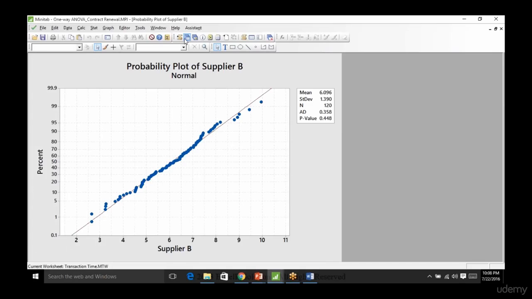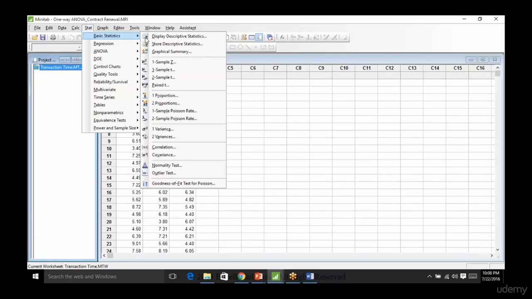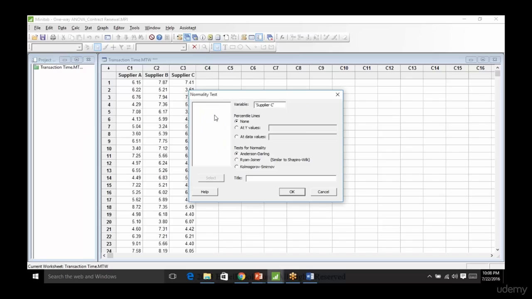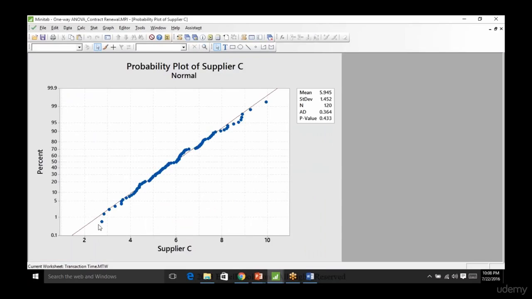So I'll go back to this worksheet. I go to stat, basic statistics, normality test. This time I'm going to select supplier C and click on OK. By looking at this, you know once again that all these data points are falling along this red line. Hence data follows normal distribution. But statistically, look at the p-value.